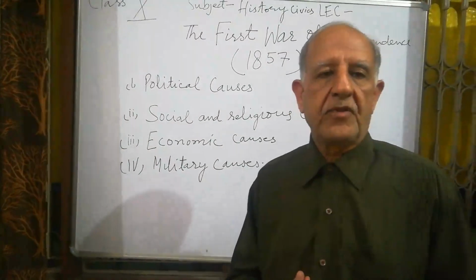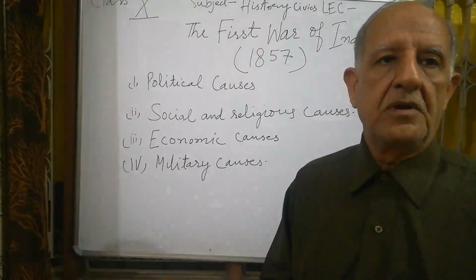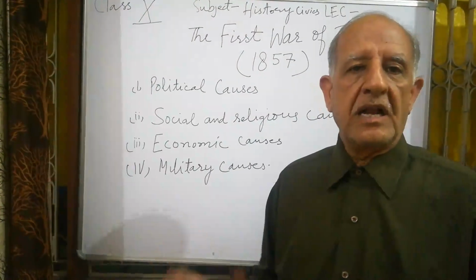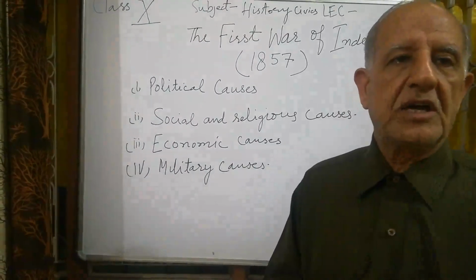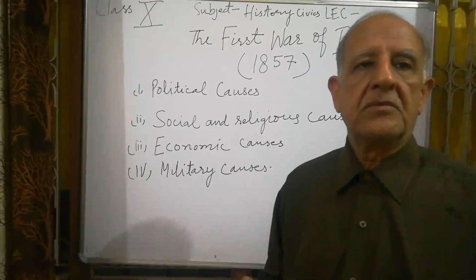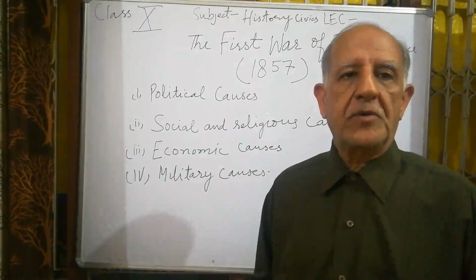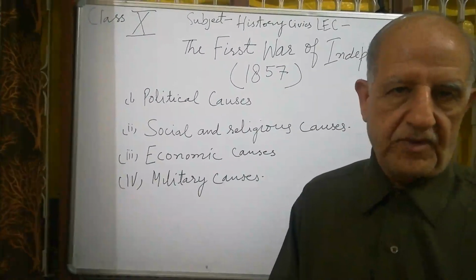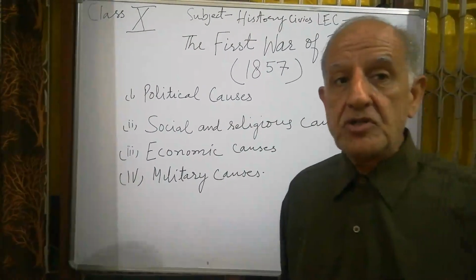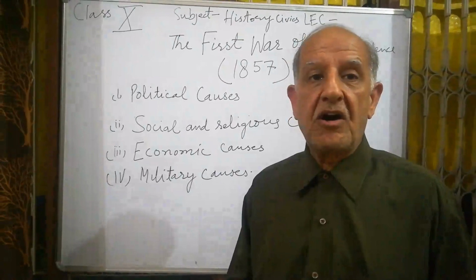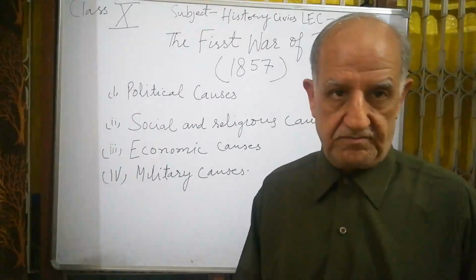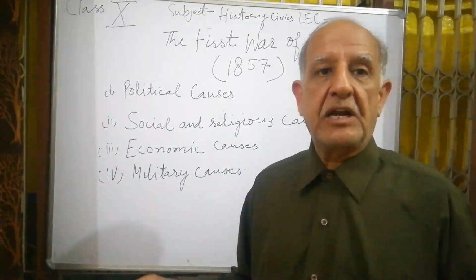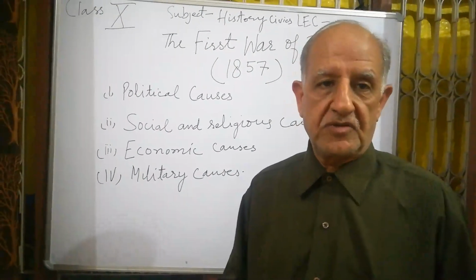Fourthly, Nana Sahab, who was the adopted son of Peshwa Bajirao II, was not acknowledged as a successor of Peshwa Bajirao II because he was an adopted son.